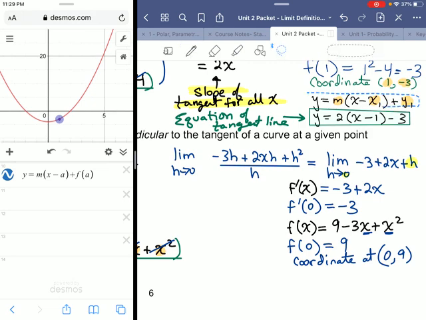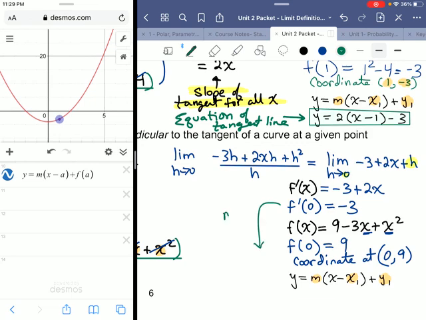Now if I needed the tangent line, I would just do what I did above. I got my slope model, my point slope form. We would have the slope, which would be a negative 3, but if I want the slope of the normal line, that's going to be the negative reciprocal, right?